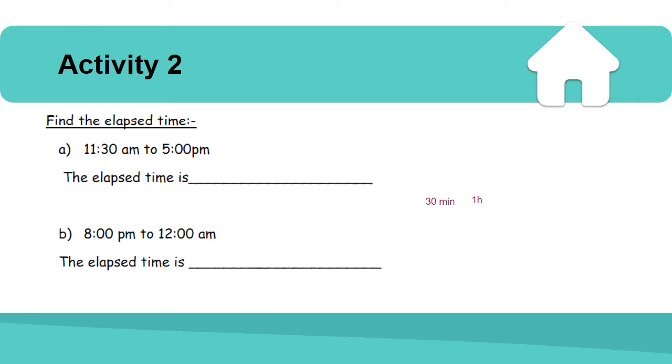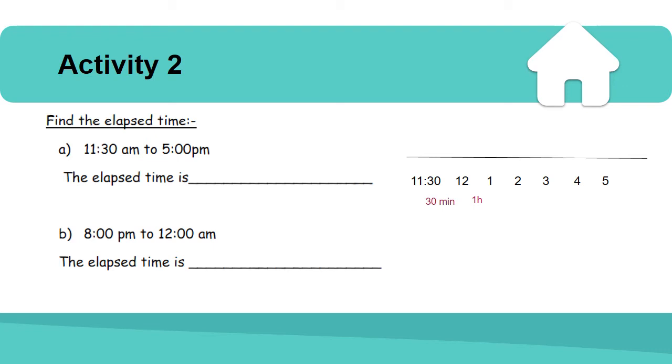Activity number 2. Find the elapsed time. What is the elapsed time between 11:30 a.m. and 5 p.m.? Let's see here. I want to count from 11:30 to 5. I can make it on a line like this and put the time from 11:30 to 5.